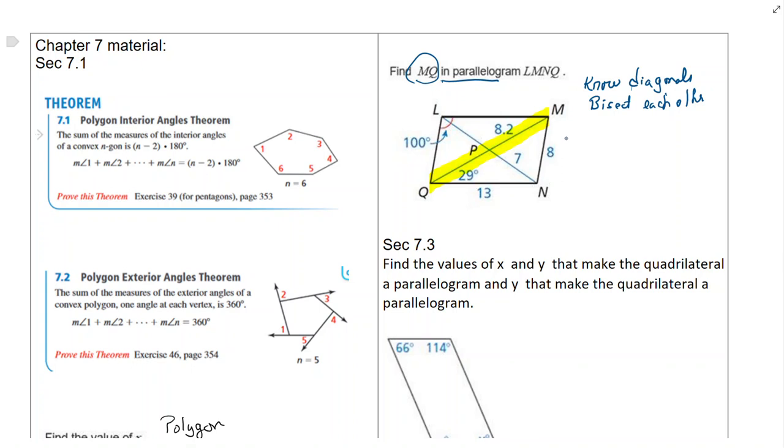So we know that QP is congruent to PM. And we know that MQ is going to be QP plus PM. All right. So we want this value. So it's going to be 8 and 2/10 plus 8 and 2/10. MQ is 16 and 4/10.